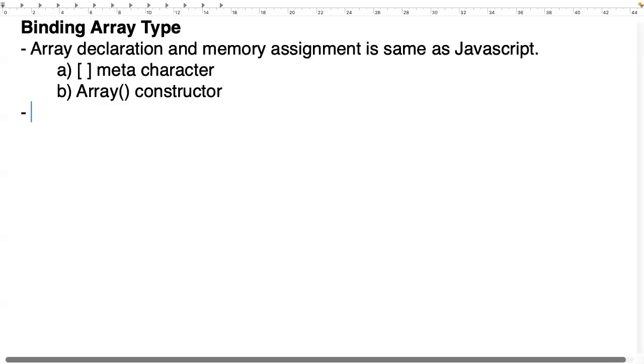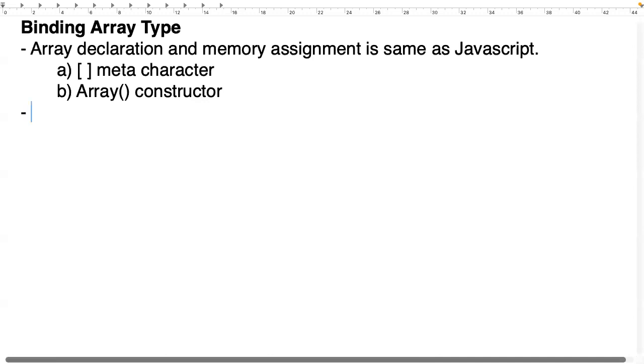And you already learned what is difference between them. What is difference between meta character and constructor is array constructor will allocate a dynamic memory and meta character will allocate a static memory. That's basic thing you know. So here in React also the configuration is same.